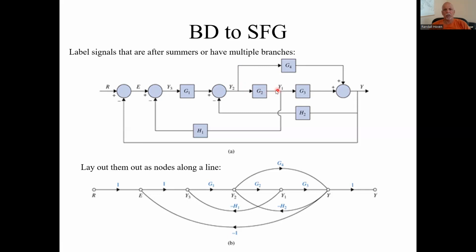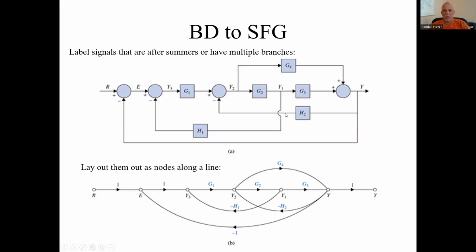G2, there's no summer there, but this signal has two branches, one going into G3 and one being fed back to G4. So we want to label this signal Y1. Okay, not a summer here, no branches. Here's a summer, so we do want to label this one, but it's the output. Everything coming out, that's Y and that's Y.